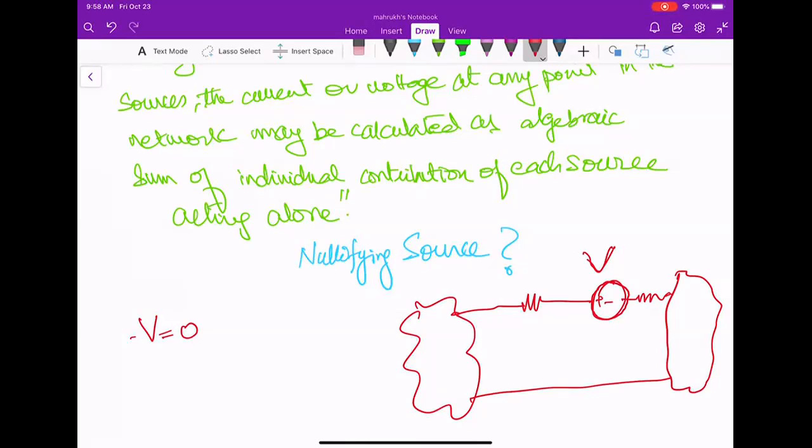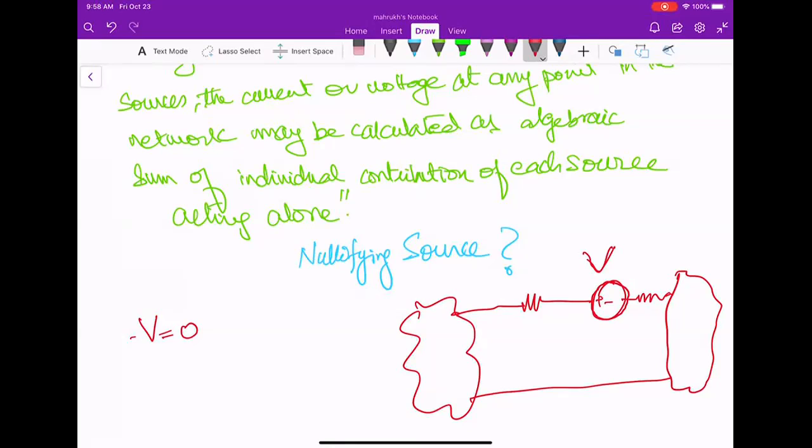Any other idea? What should I do? Do you decrease or eliminate the resistors? No, I cannot change the configuration of my circuit, but I can remove this voltage source.